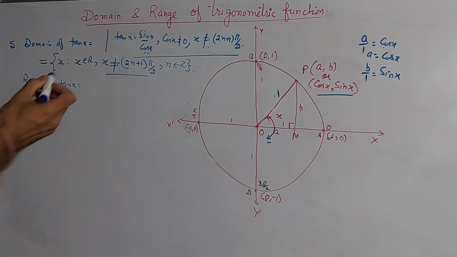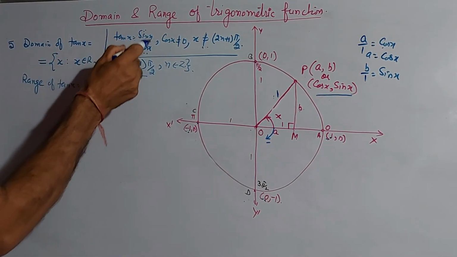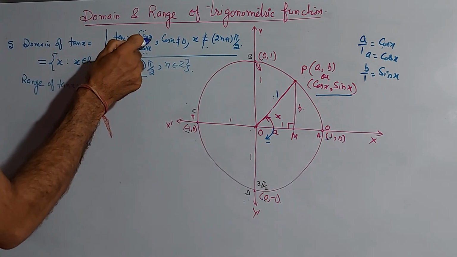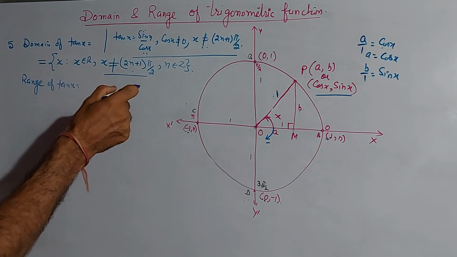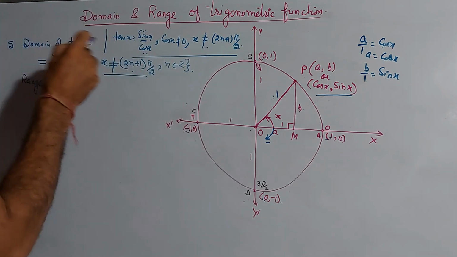If we put in these values, at x equal to 0, the value is 0. When x is a negative angle, this will give negative real values, and when x is a positive angle, it will be positive. But this is a fraction.